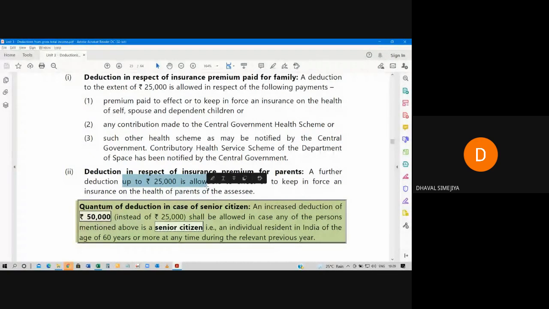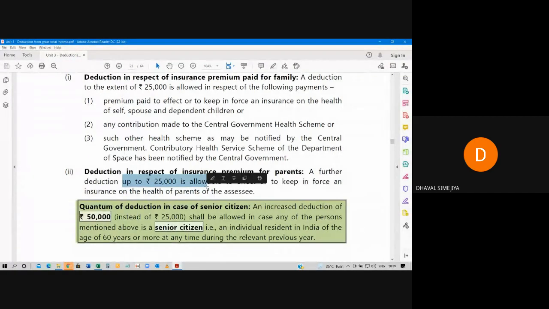Look, for example, Mr. X has taken one mediclaim of 10,000. He has taken mediclaim of wife, 10,000, so 20,000. He has taken mediclaim of his children, for example 20,000. So total 40,000, but the maximum benefit available is 25,000.